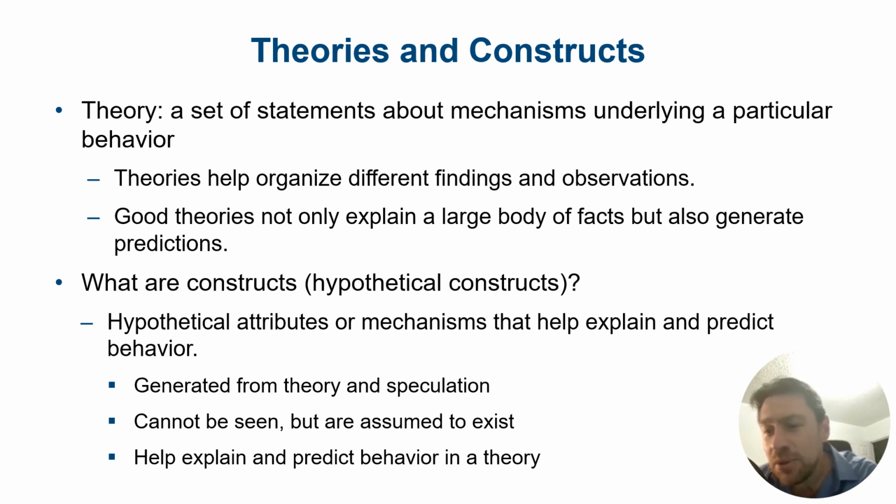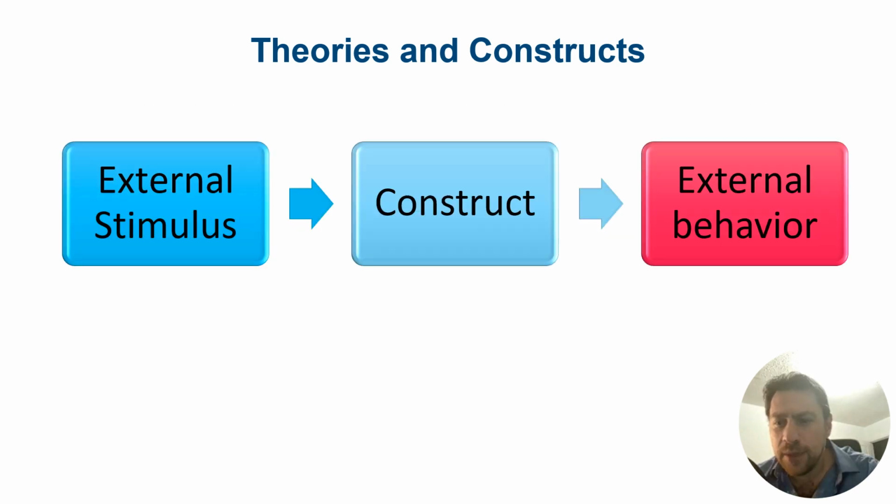So in this example, motivation and self-esteem are referred to as constructs or hypothetical constructs. So again, constructs are defined as hypothetical attributes or mechanisms that help explain or predict behavior.